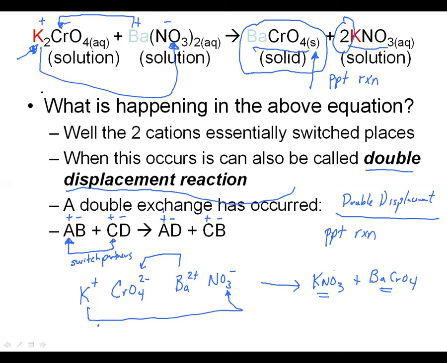You want to get just the basic units, put them together like we did there with the potassium and the nitrate and the barium and the chromate. Then you want to get the right formulas on the product side. And once you have all the right formulas, you go back and balance it with the coefficients. That's something people mess up on a lot. They try to balance and write the formulas at the same time.